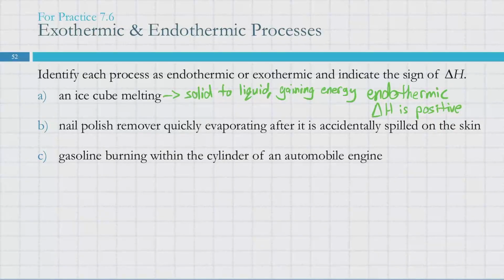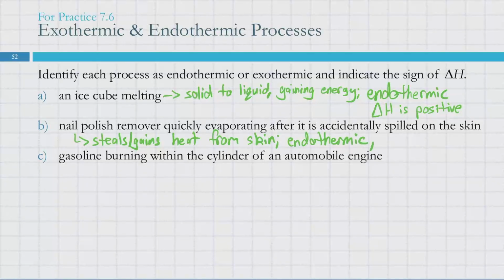That heat is going into the hand sanitizer or nail polish remover to cause it to evaporate. So it gains heat from skin. So this is also endothermic, and so delta H is positive.